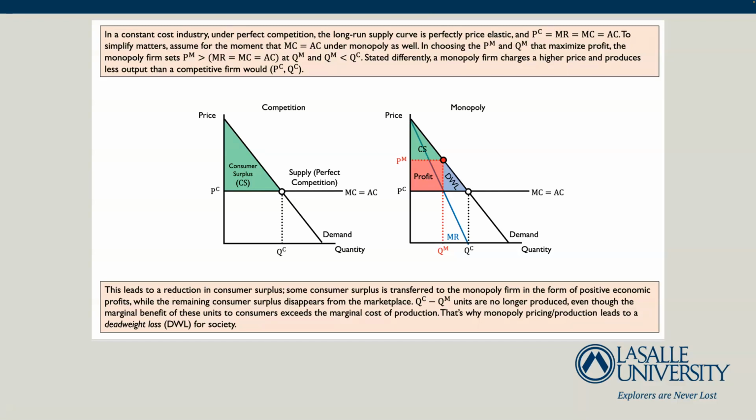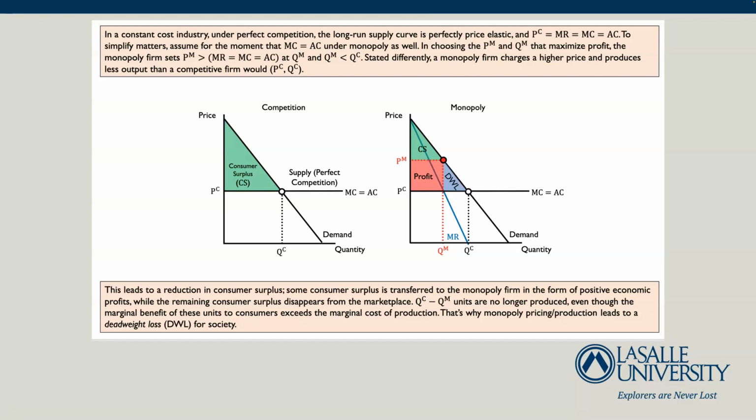Now, for each of those units, the monopoly is making a profit of the difference between PM and AC for all of QM that it is producing and selling. So that's the firm's profit. The other area here refers to a deadweight loss associated with monopoly production and pricing.